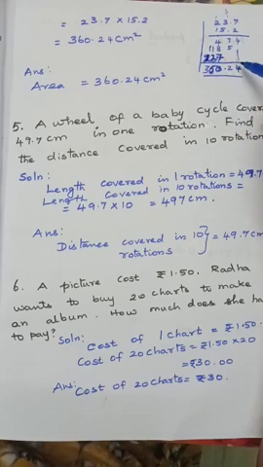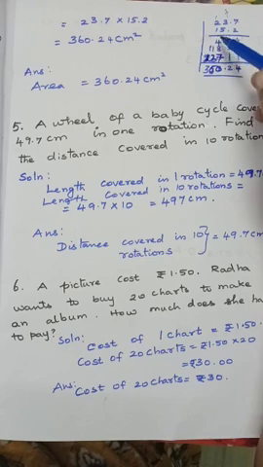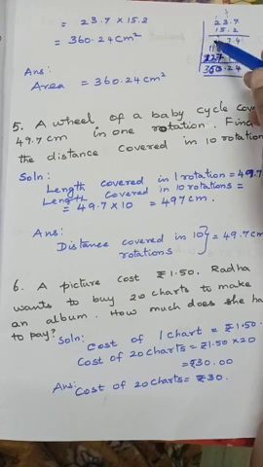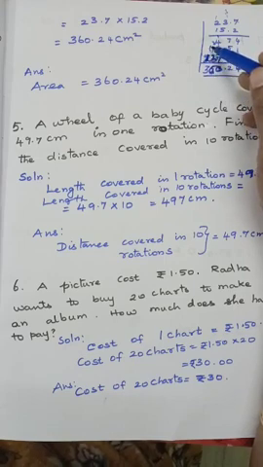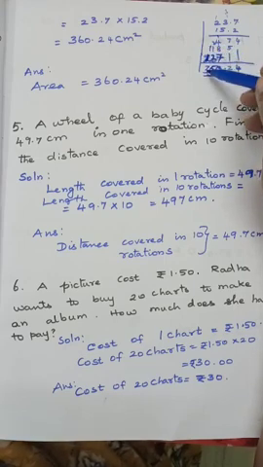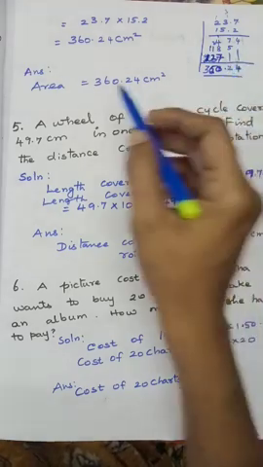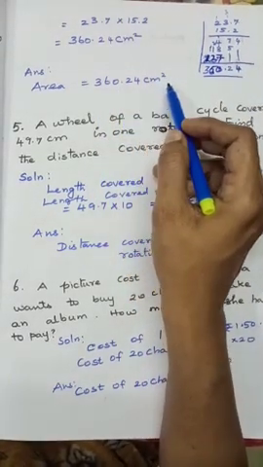Okay. Now you add 4, 12, remainder 1, then 5 plus 8 is 13, 13 plus 7 is 20, 0, remainder 2, then 2 plus 1 is 3, 3 plus 3 is 6. Okay. Here 1 plus 2 is 3. 360.24 centimeter square.